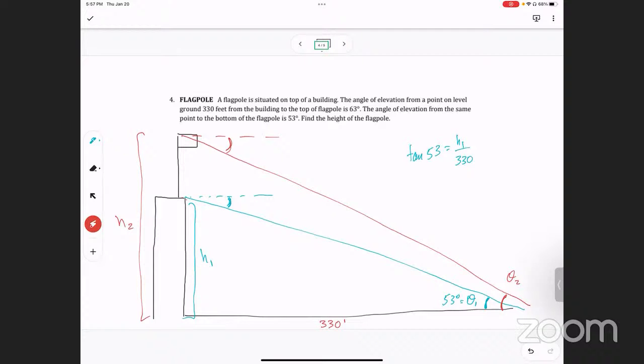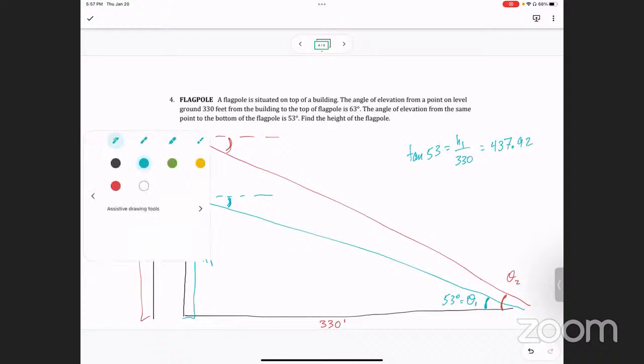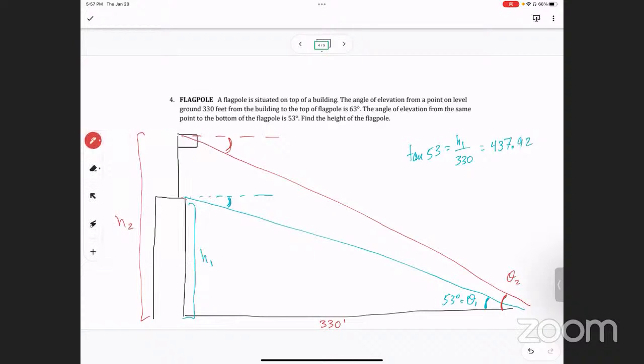So then 330 times, okay, and what was the number you got? I'll trust you. Tangent of 53. That I got 437.92. Okay. And then how about the red equation? What's that going to be? That would be the tangent of 63 equals H2 over 330.